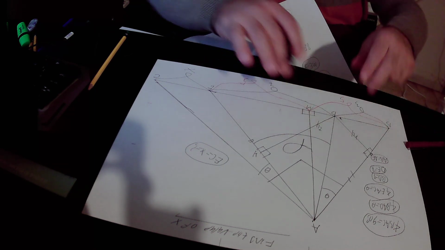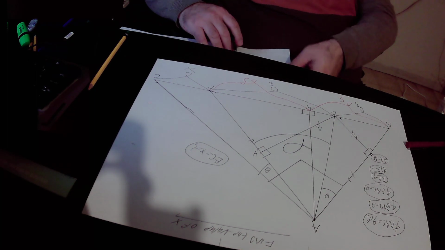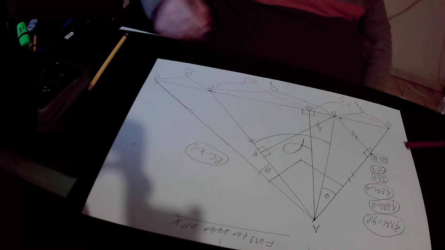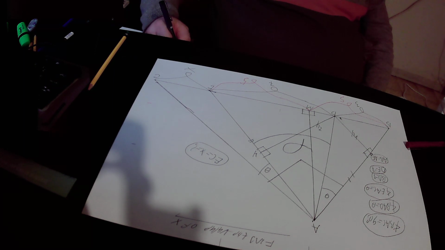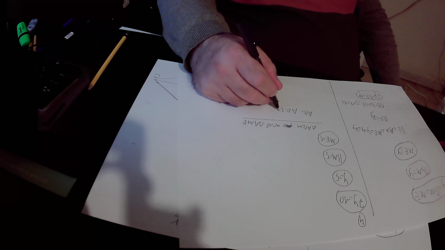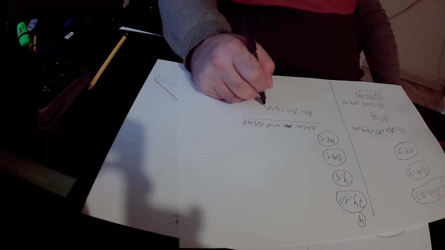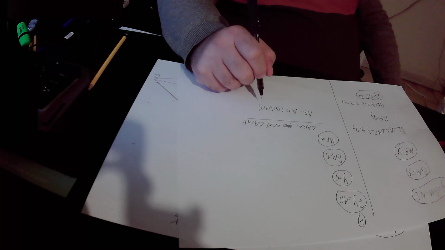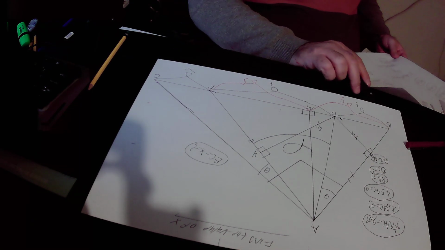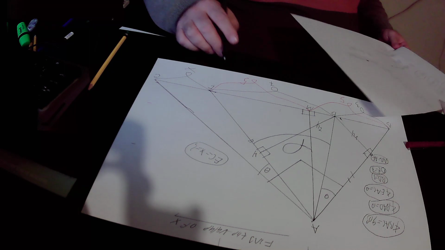So why can those two triangles go into each other? First of all, it is given in the question that AB equals AE. And we just found out that BM equals ME equals 5 units.